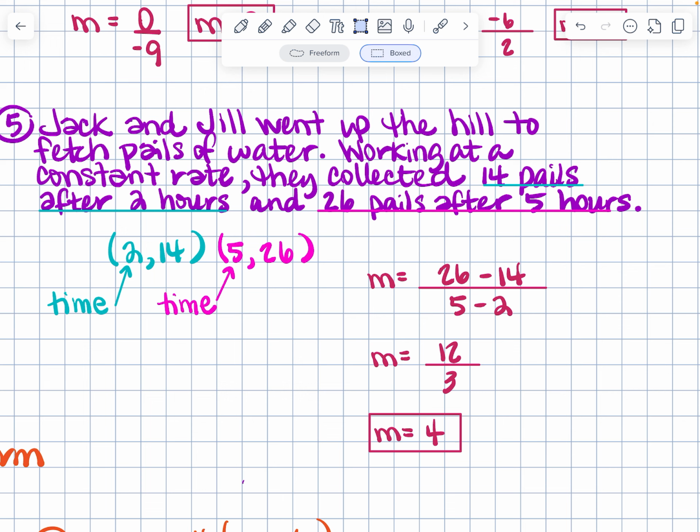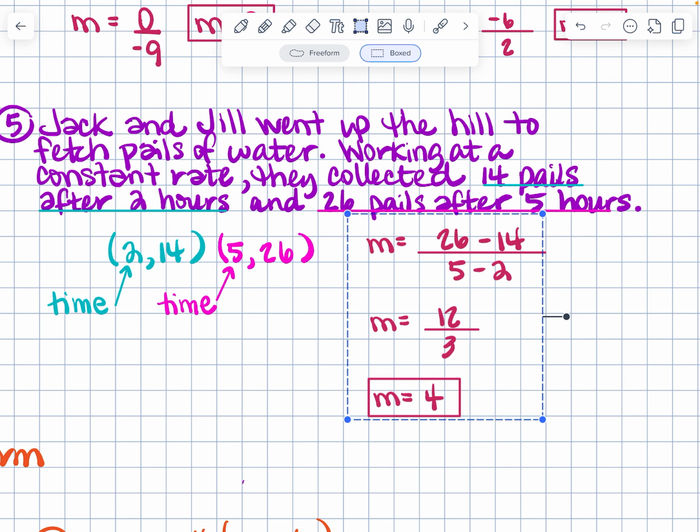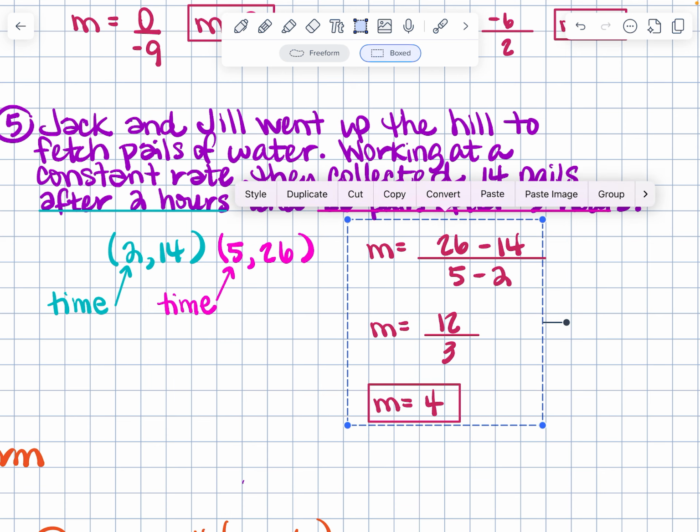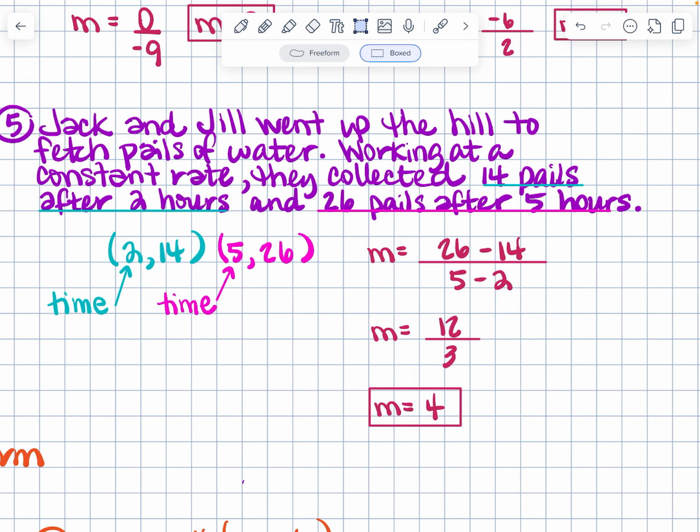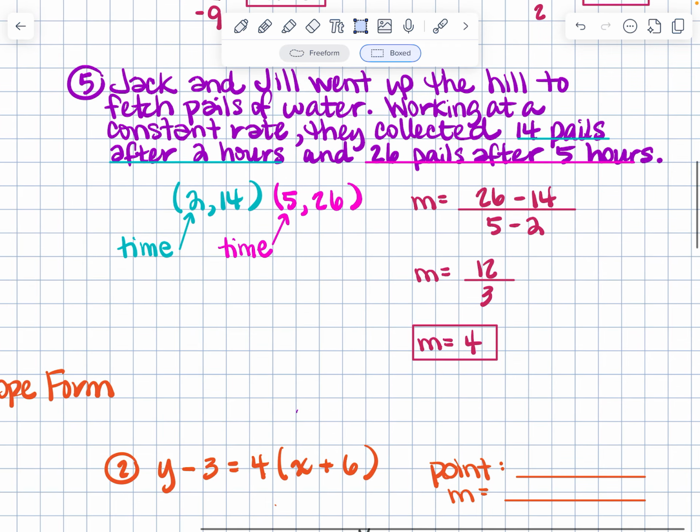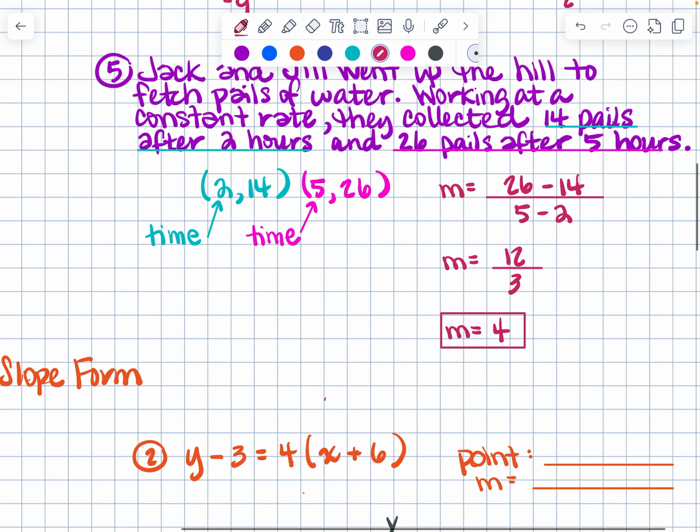The other thing you should be able to do, especially with a word problem, once you have identified the slope, is interpret what that slope of 4 means in context of the problem.